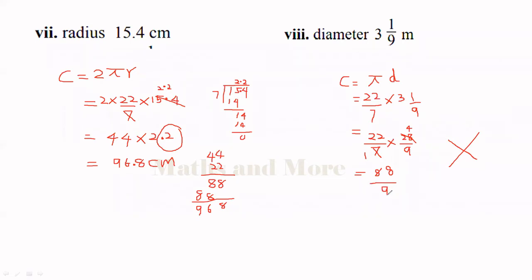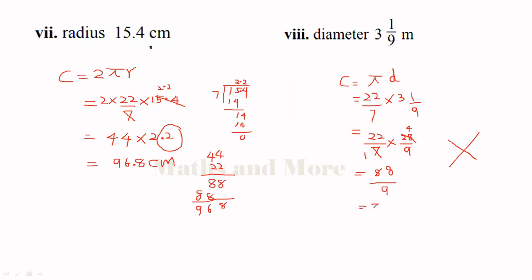Normally, we don't keep the answer as an improper fraction. If you can, convert into a decimal. Otherwise, you can convert into a mixed number. Easier way is to convert that into a mixed number. How many 9s are there for 88? 9 into 9, 81.